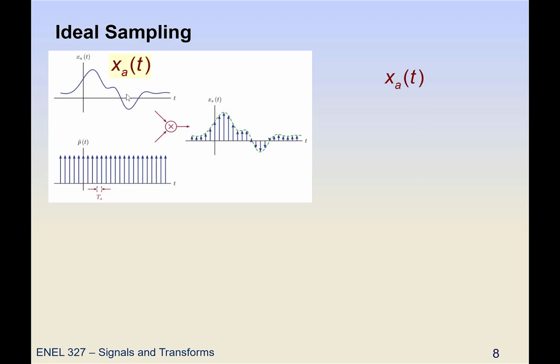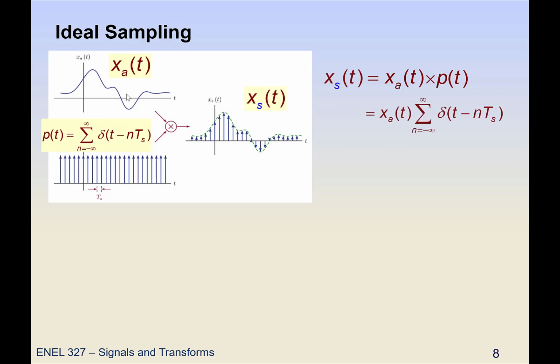Our original signal we'll call x sub a; a is just for analog. Our sampling signal is a sum of impulses that are just shifted in time by the sampling period. Those two signals are multiplied together to get the sampled signal. It's important to note that this is not the digitized signal. This is still a signal in the time domain, which then goes to a digitization process.